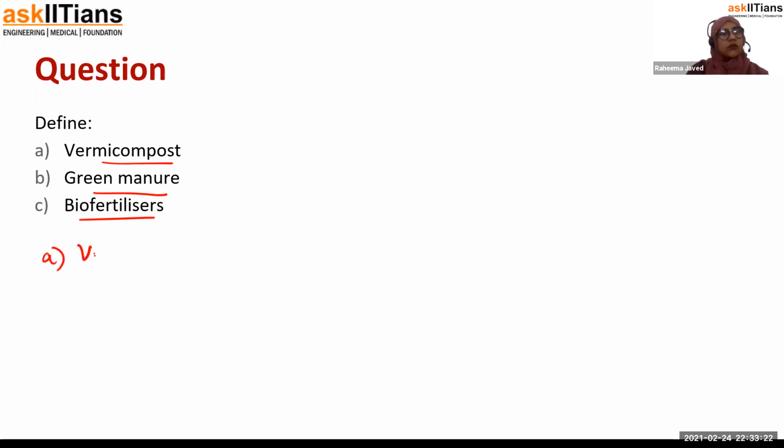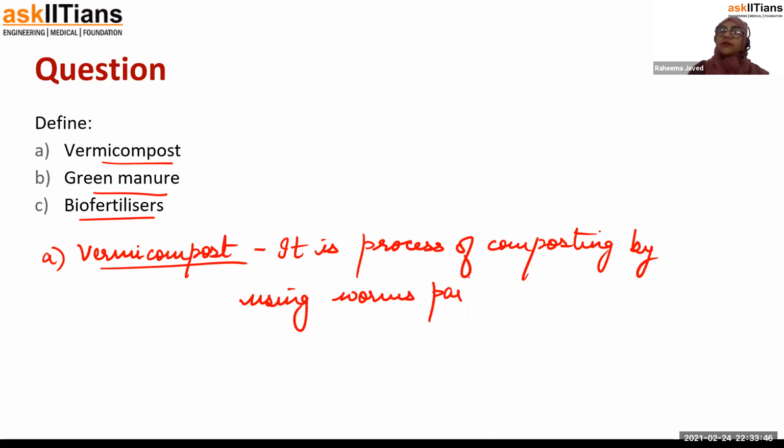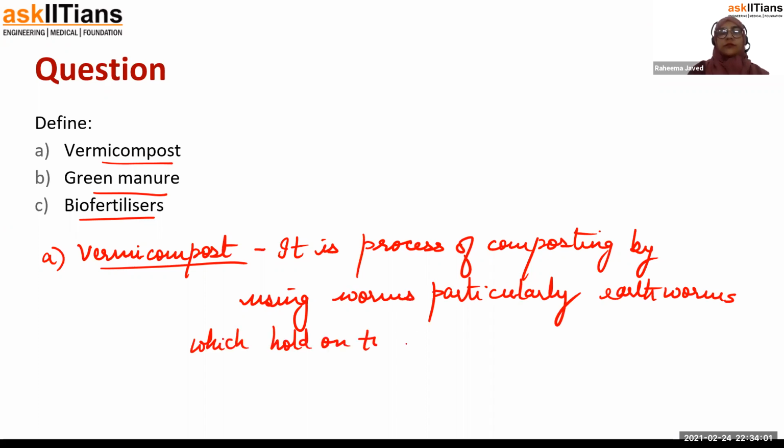So vermicompost, it is the process of composting by using worms, particularly earthworms, which hold on to the process of decomposition.